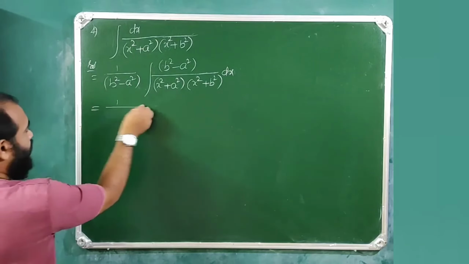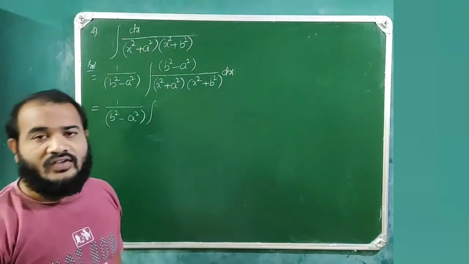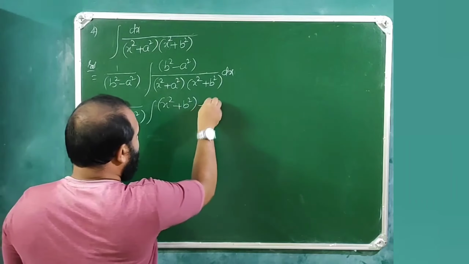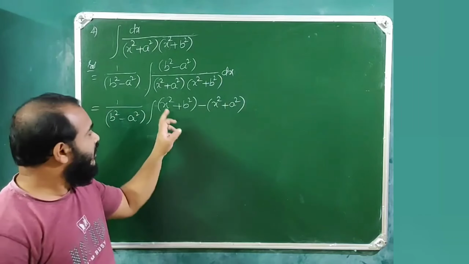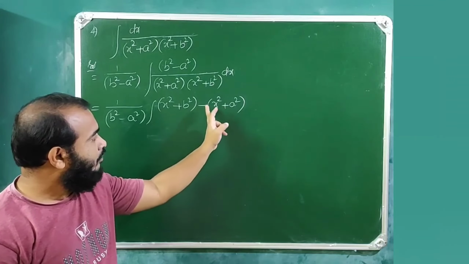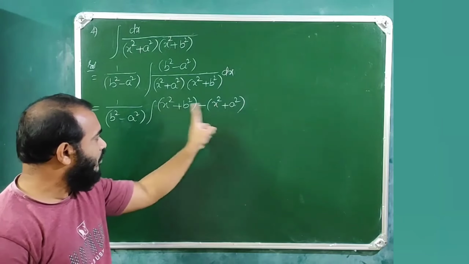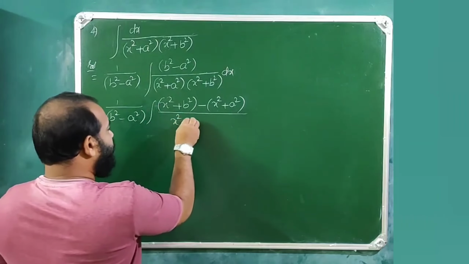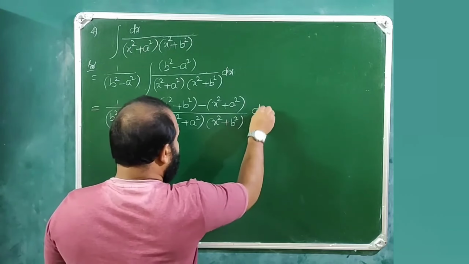So this is equal to 1 by b square minus a square integral of, this b square minus a square I am writing as x square plus b square minus of x square plus a square. If you simplify this, x square plus b square minus of x square plus a square, if you take the bracket off, so minus x square minus a square. Plus x square and minus x square get cancelled, b square minus a square is what we are left with, by x square plus a square into x square plus b square dx.